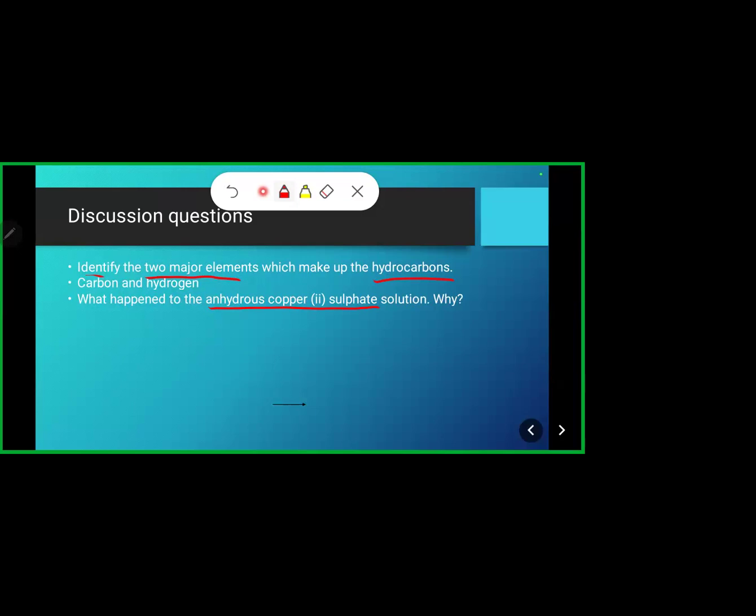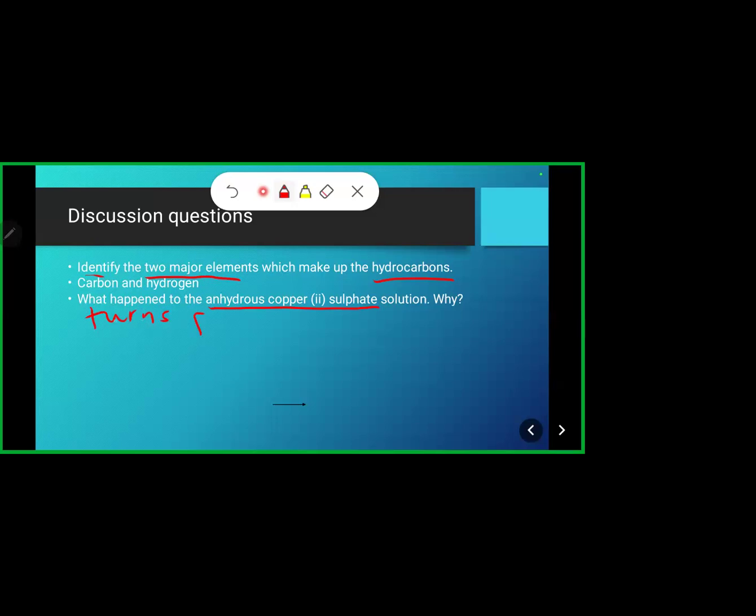Do we have anyone else that has a different answer? Okay, thank you. So we've said the anhydrous copper 2 sulfate turns, in chemistry, you have to learn to give the original color and then the color it turns to.